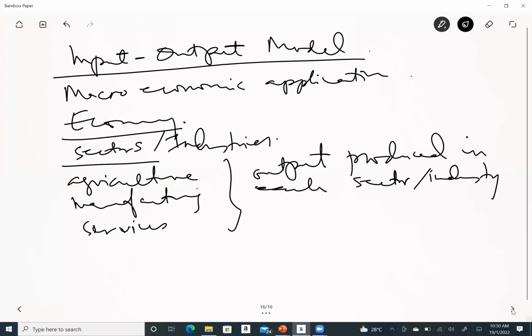What is it used for? Where does it go to? The output produced by agriculture, where does it go? The output produced by manufacturing, where does it go? Output produced in each of the sectors, where does it go to?